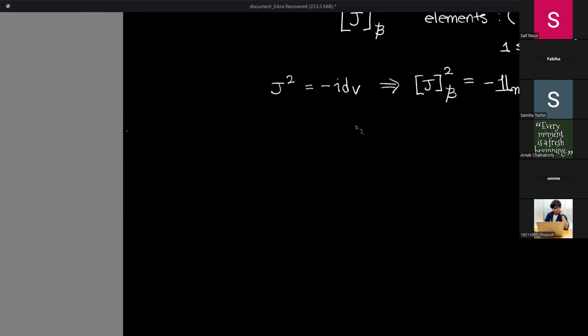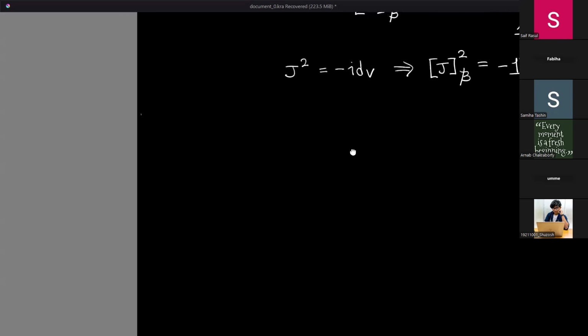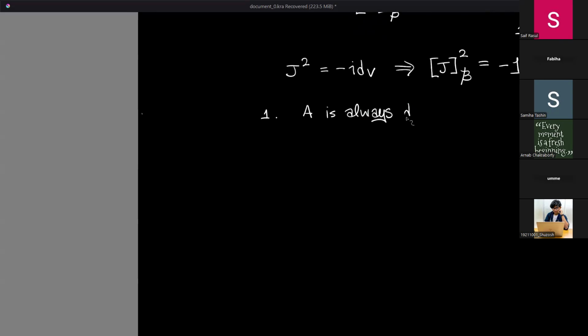The way to do this without getting into concrete details requires a few results from a lot of different places. So I'm just going to try to explain these results as best I can. Firstly, this is fact number one: a matrix A is always diagonalizable if its minimal polynomial has no repeated roots.